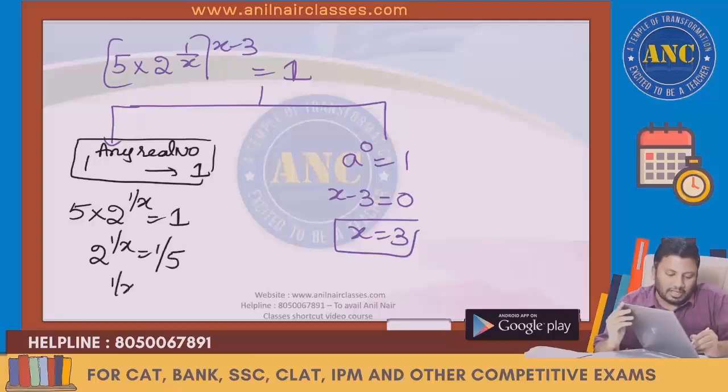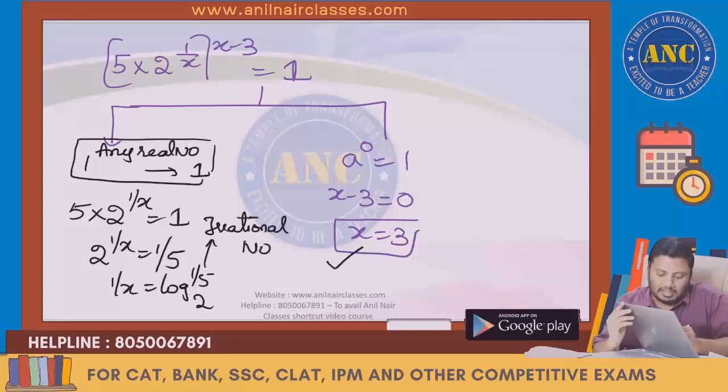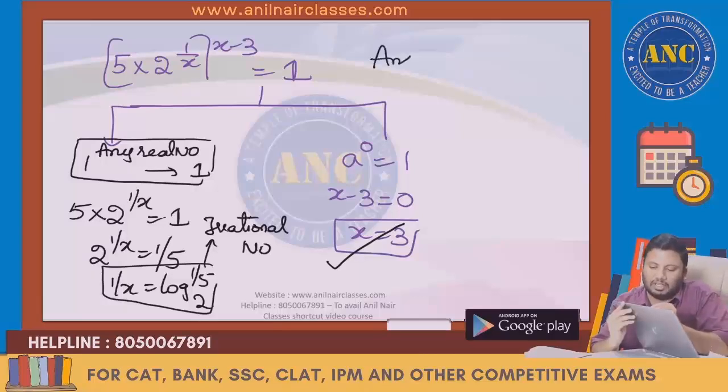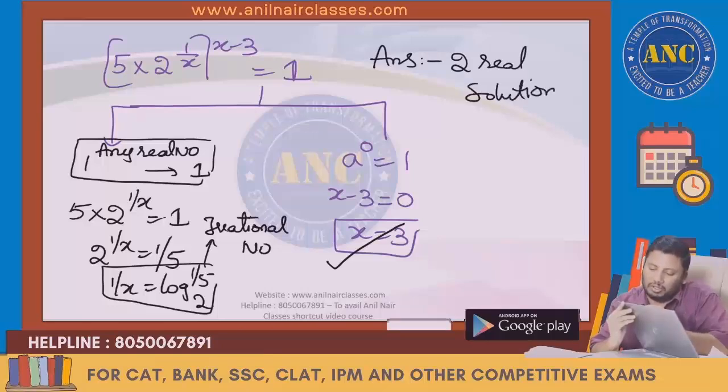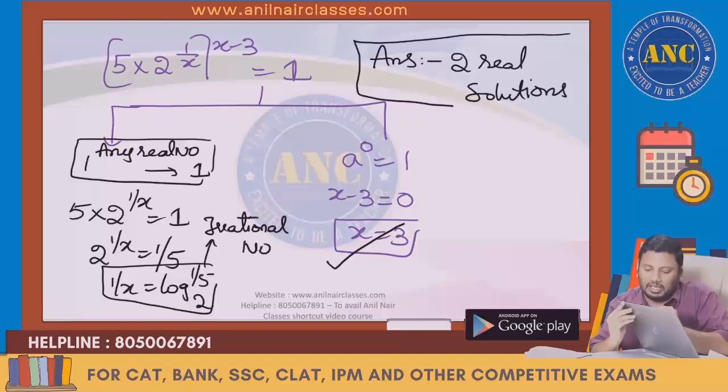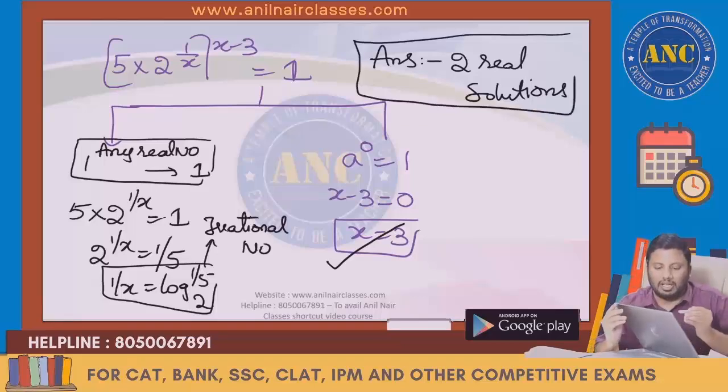So 1 by x will become log of 1 by 5 base 2, which is nothing but an irrational number. An irrational number can also be a real number. Answer is this and answer is this. So the answer for this question is 2 real solutions. Some of the textbooks also mention the solutions as 1. It is incorrect. Answer is 2 real solutions.